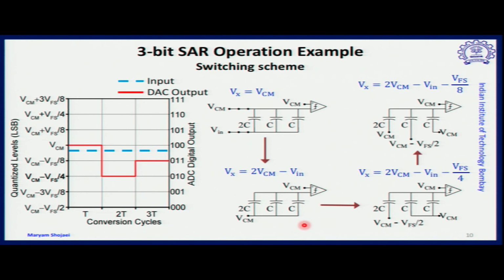Now we want to move to the first bit. We need to see what will happen, whether this first bit will tell us the reference should be with respect to VCM minus V full scale by 2 or VCM plus V full scale by 2. Here we are talking about the sign of the input voltage with respect to VCM, whether the input is above VCM or below VCM.